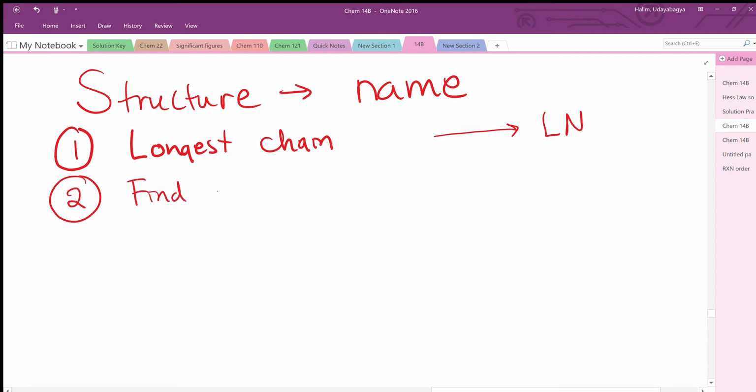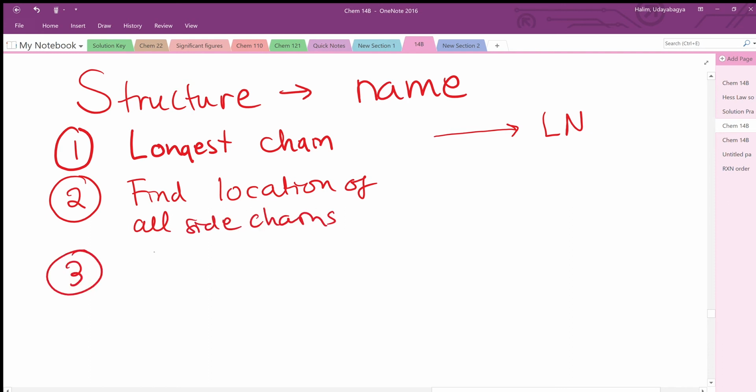Find the location of all side chains. Number 3, give the location the smallest first number.